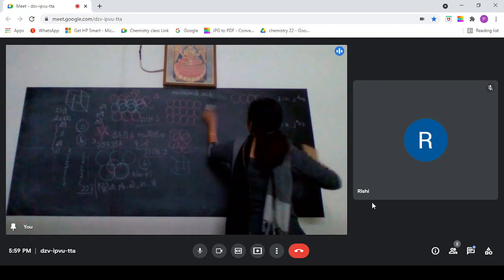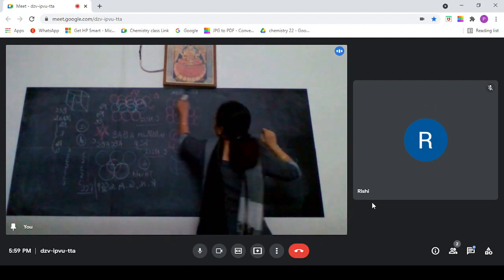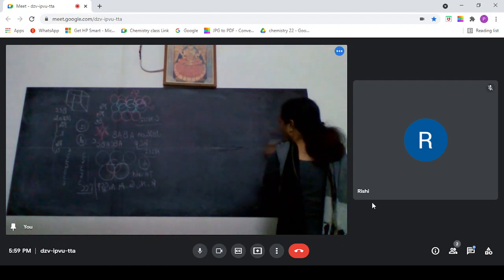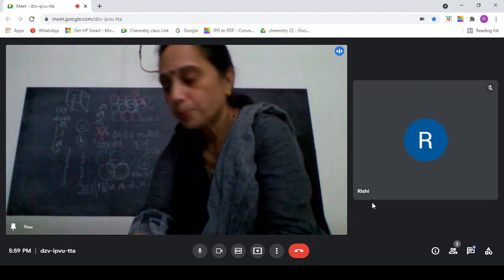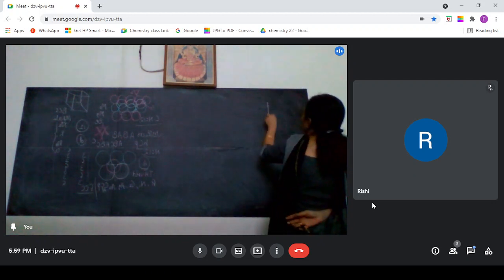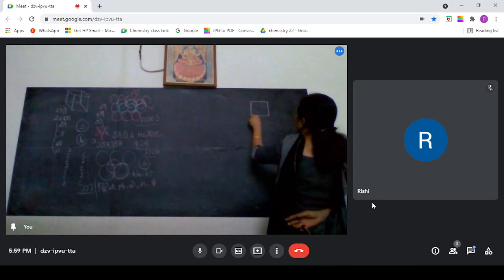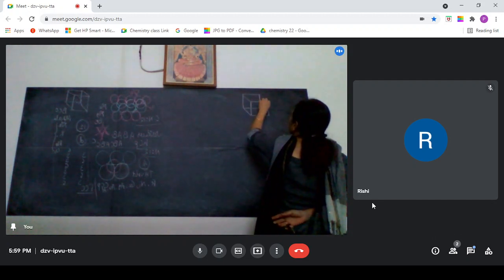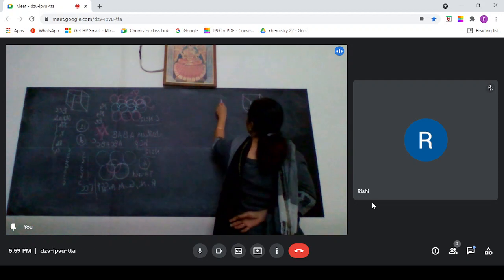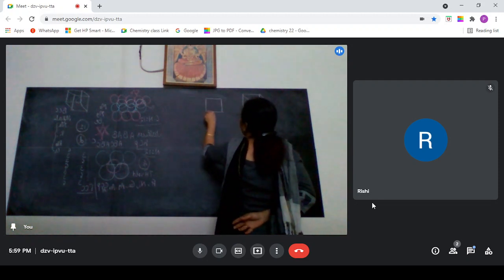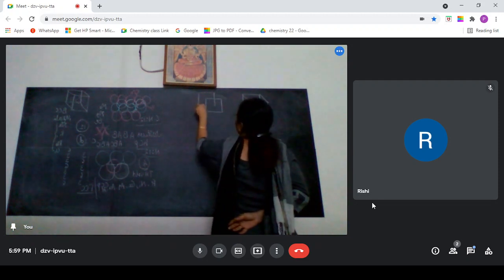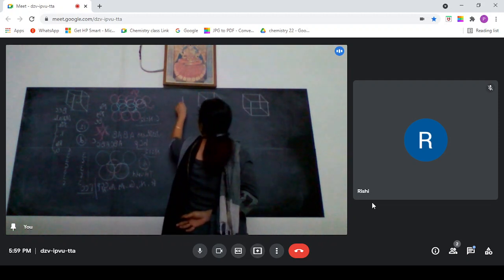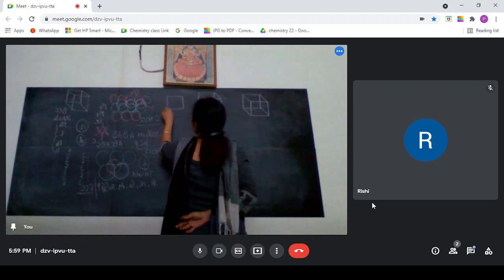Now, a very interesting thing you have to know here is, you write down this point. See, if you have a simple cube, write down this, Rishi. Write 3 cubes.